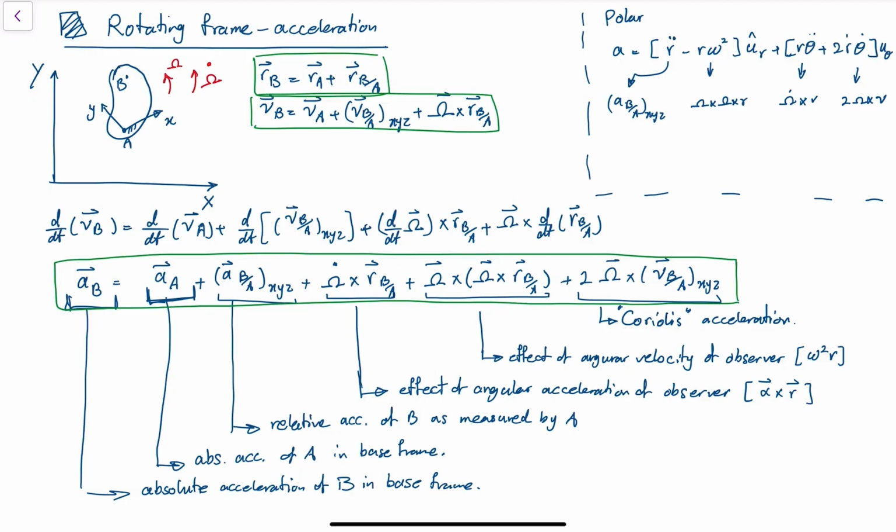So all these V of B relative to A in XYZ would be 0. A would be 0. And in that case, your omega would be the angular velocity of the body itself. And you recover the same set of equations. So this can be converted to anything you have seen so far.